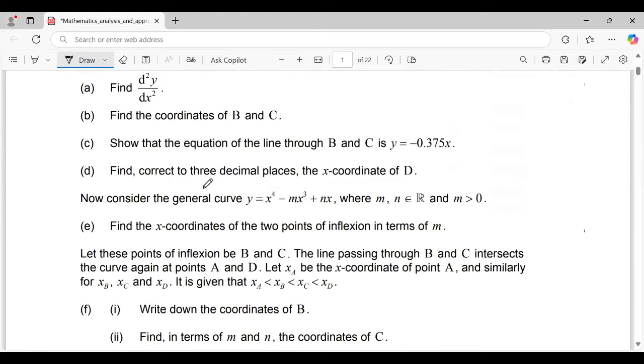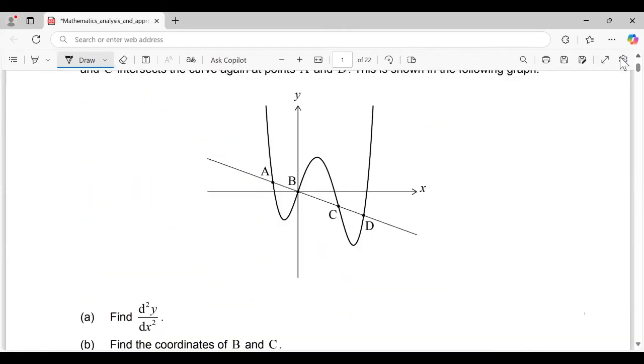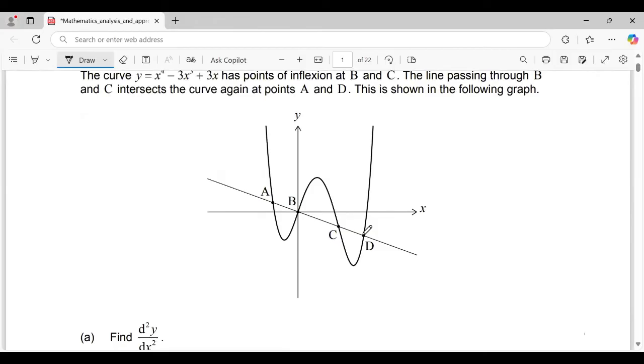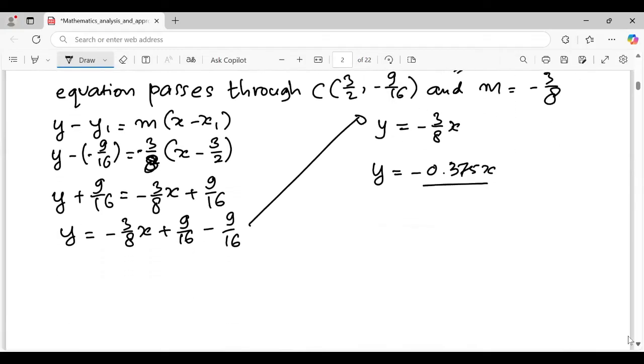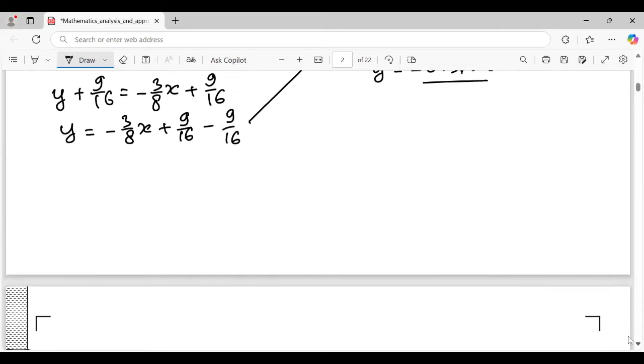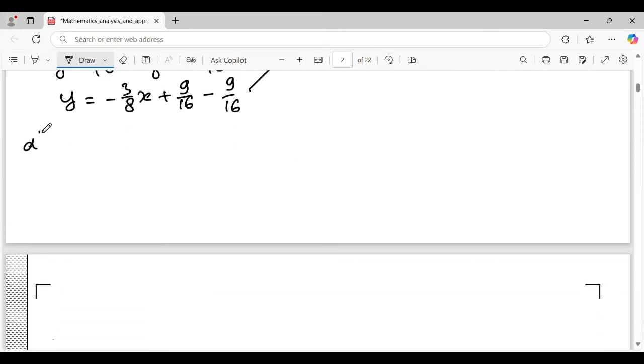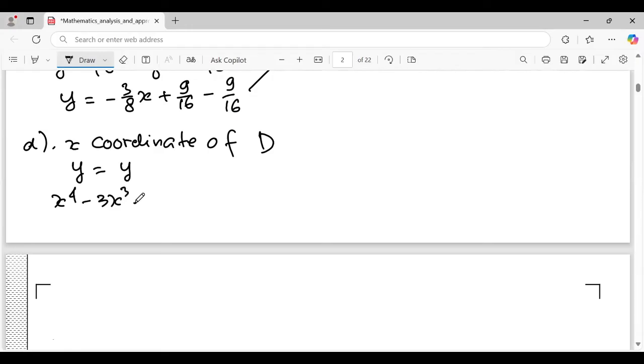Next, part D. Find, correct to 3 decimal places, the x coordinate of D. If you look at this graph, D here, we can get the x coordinate of D through this rule: y equals y, it means x power 4 minus 3x cubed plus 3x equals minus 0.375x.